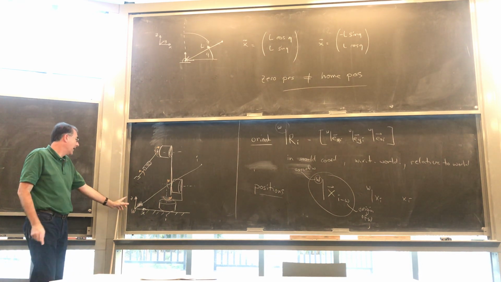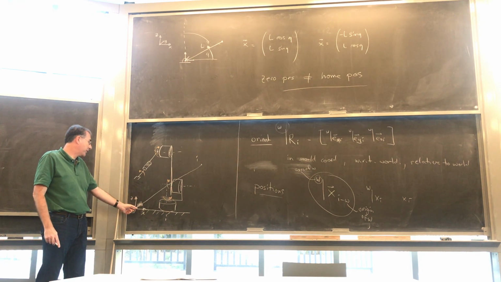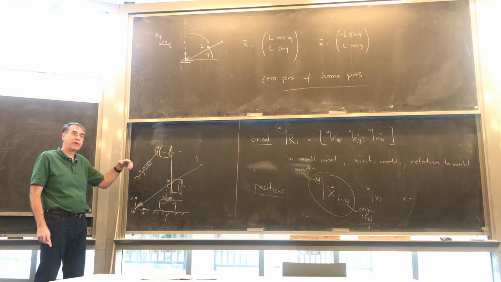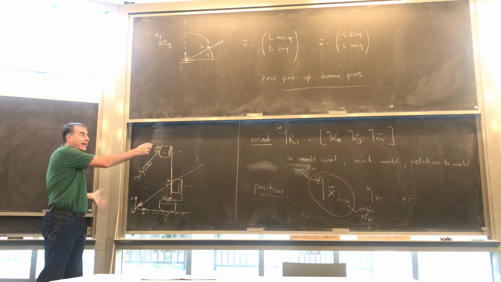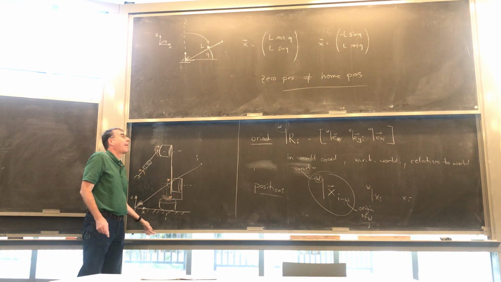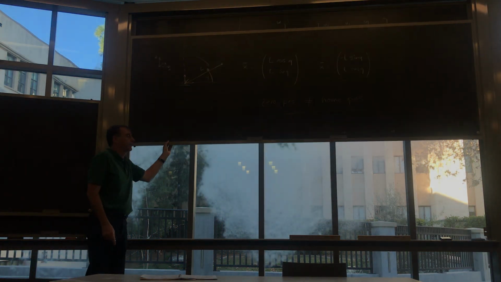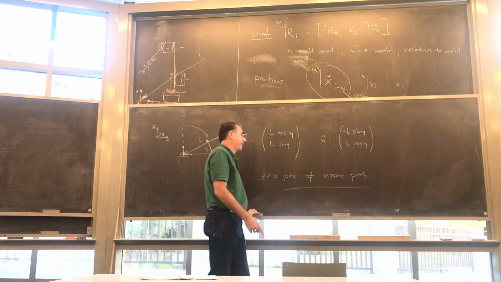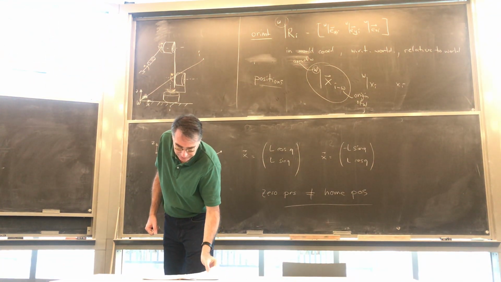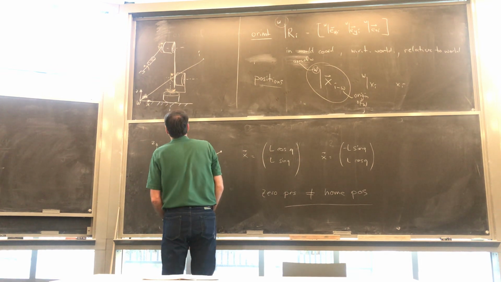Do you agree that if I rotate my coordinate frame and make my x, y, and z different, it's going to change the numbers, it's going to change my components, but the length of that vector is the same thing? And I hope this will become a little bit more clear as we go through this.